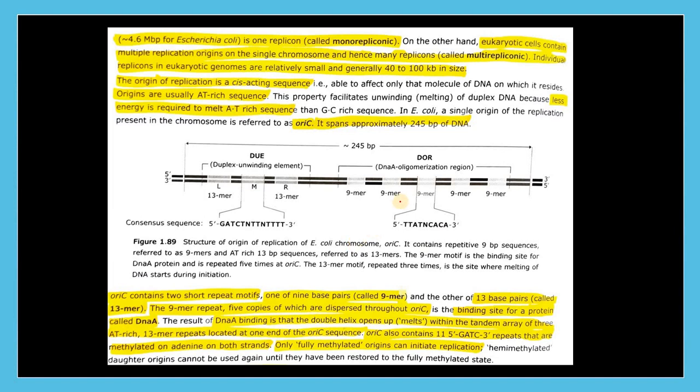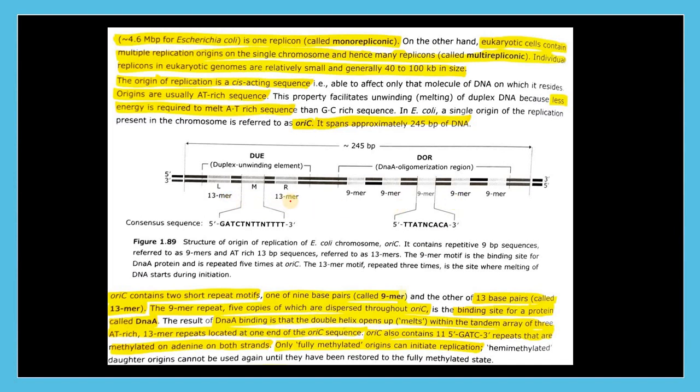Now what it has is basically some repetitive base pair sequences. It contains repetitive 9 base pair sequences. When there are 9 base pair sequences like this, they're called 9-mers. Here you can see 5 sets of 9-mers, and this is the 13-mer.